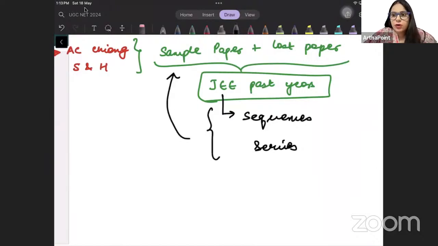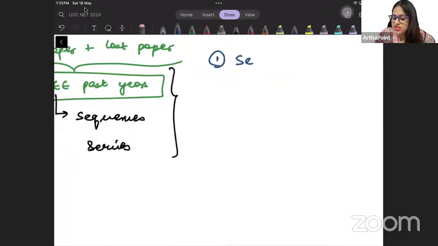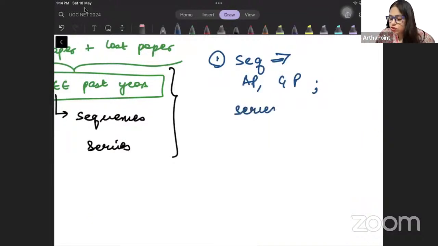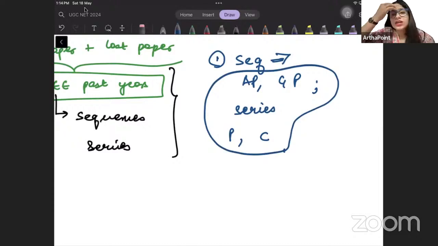They will be very useful, especially for topics like sequences and series. For example, questions on AP, GP, other series, and permutation, combination. These questions have been continuously coming from your class 12th JEE paper. The same question has been repeated.